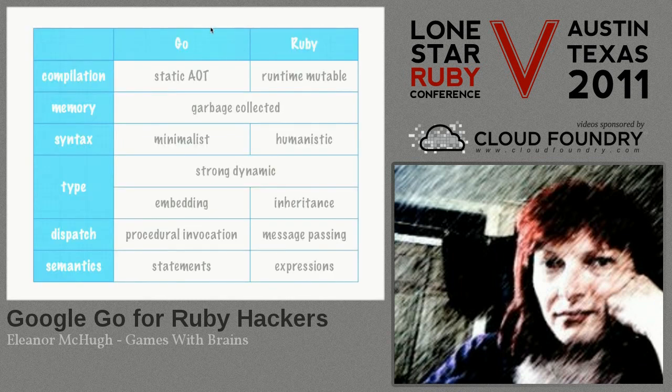Okay, I'm going to talk about Go, and I'm going to talk about it a little bit in the context of Ruby, and then I'm going to go off on a bit of a tangent later to show you what Go is really like as a language. So I'm going to start by comparing the two languages, because a lot of people think Go, being a statically compiled language, must be very unlike Ruby, a lot more like C or Java.